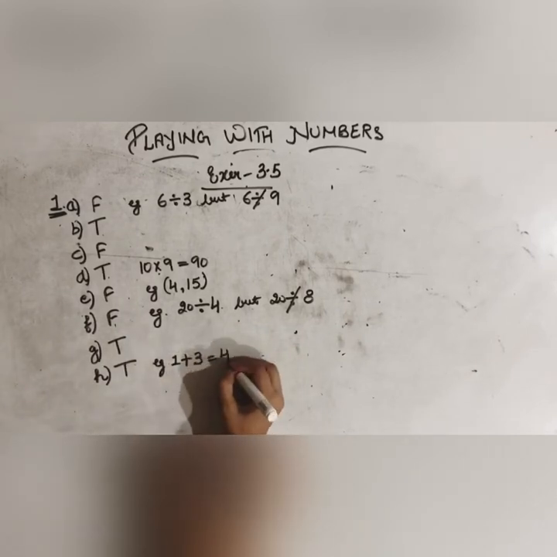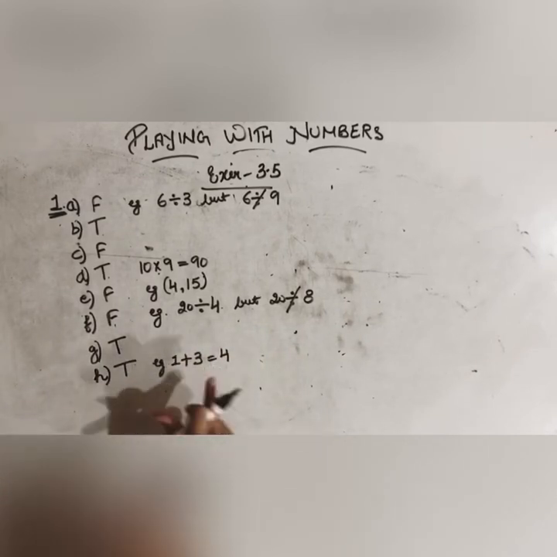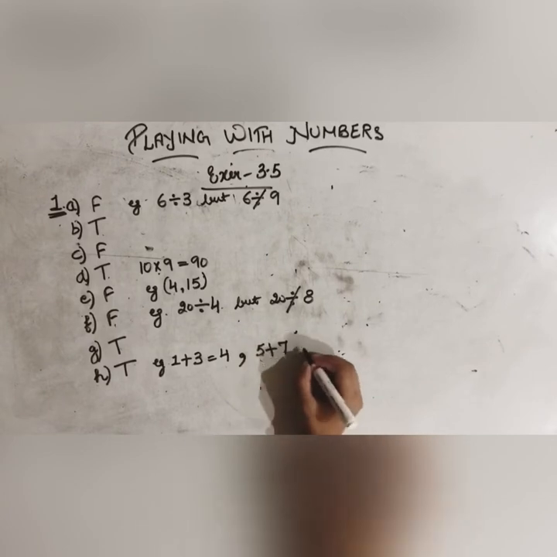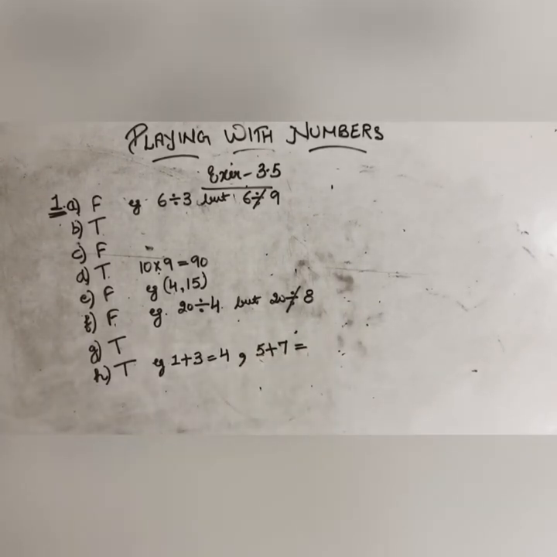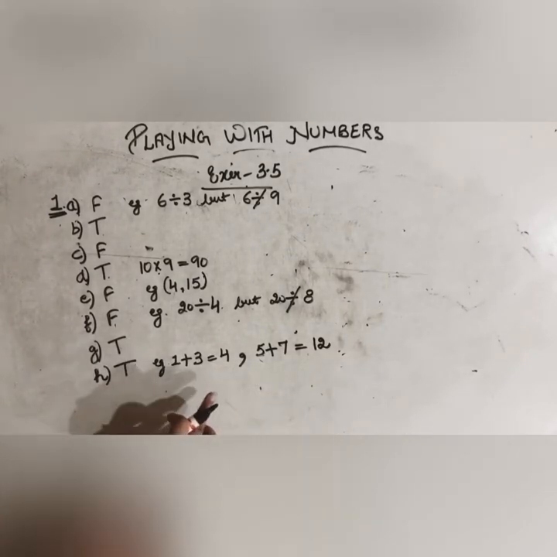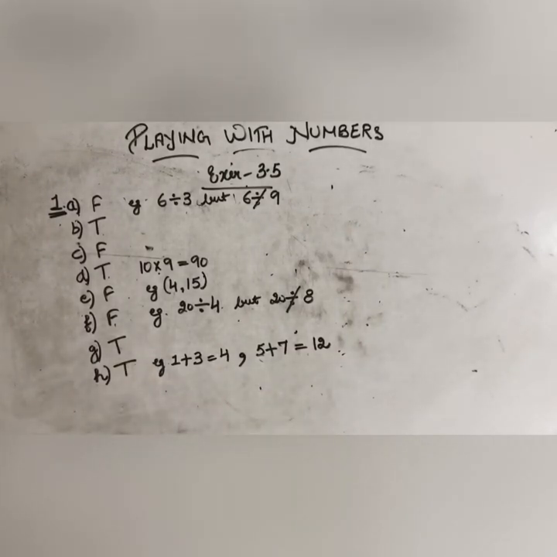The sum is 4 and 4 is divisible by 4. One more example, I am taking 5 plus 7. 5 plus 7 is 12 and 12 is divisible by 4. So the sum of two consecutive odd numbers is always divisible by 4.